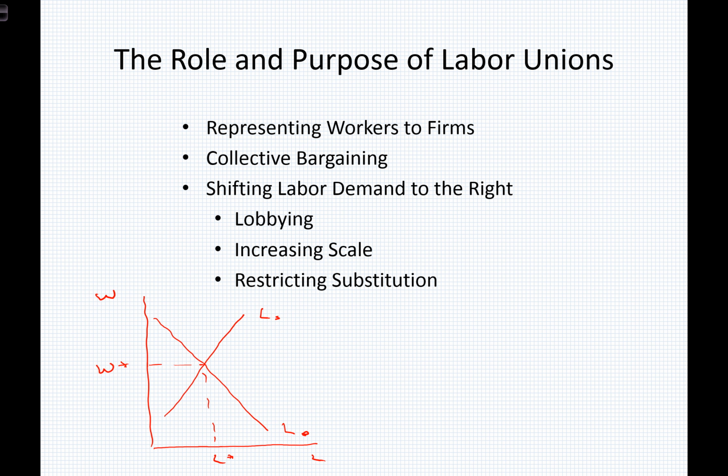If we can shift the labor demand curve out to the right, then we find that it motivates increases in both W star and L star. I'll say this is for W prime and L prime. It will increase both of them. Well, that would seem to serve the labor union's purposes very nicely. And in fact, it does.